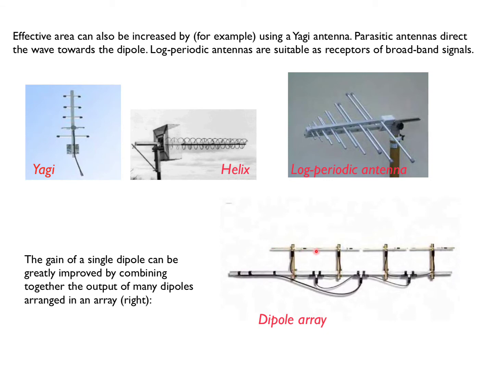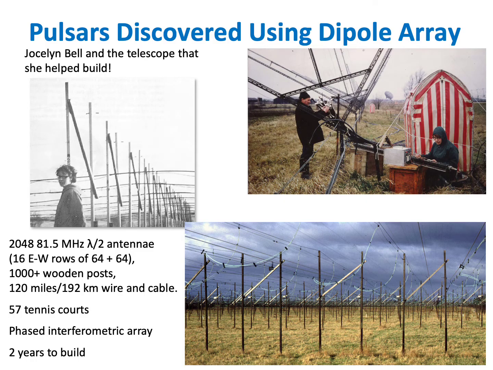Here, each of these is a dipole, so you have half of the dipole here, half of the dipole here, and then you just have an array of those. And those are actually quite useful. Pulsars were discovered back in 1968 using a dipole array. The famous Jocelyn Bell helped to build this very large dipole array.